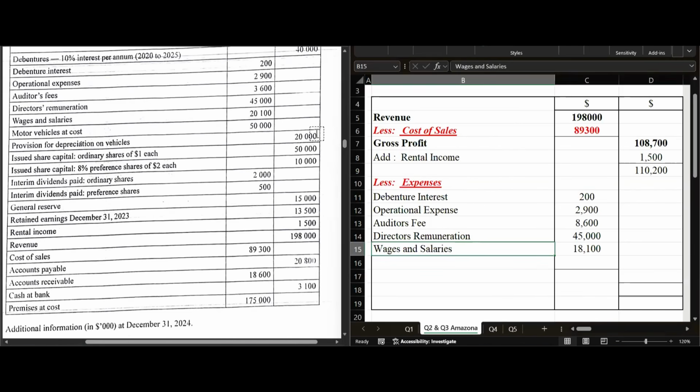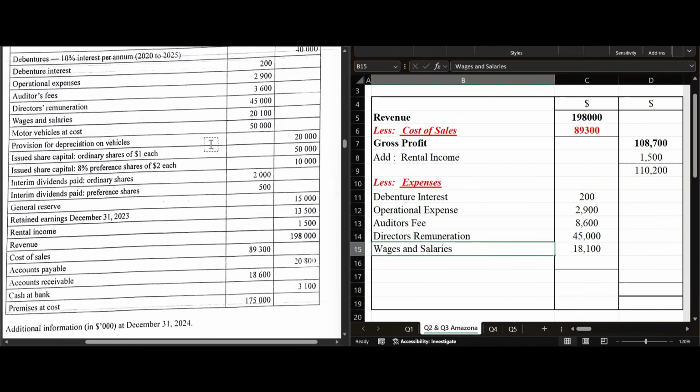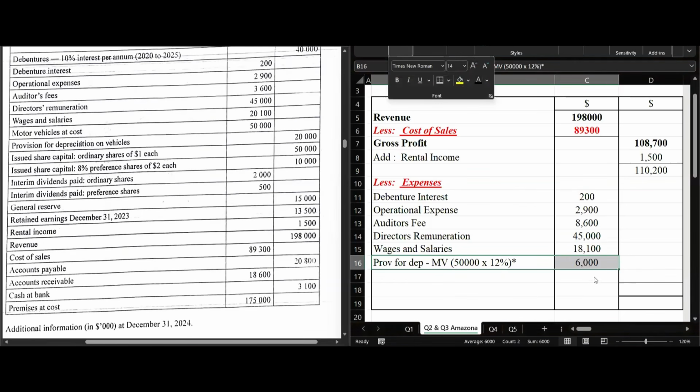Now that'll be net book value, but remember the straight line method, however, is simply where you're calculating the depreciation based on the cost of the machine. Right? So cost of the machine. So 12% by the cost of the motor vehicle would have been 50,000. Therefore, 12% by 50,000 will give us a depreciation of 6,000.